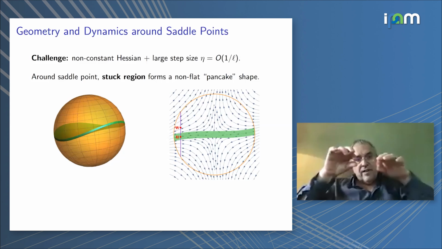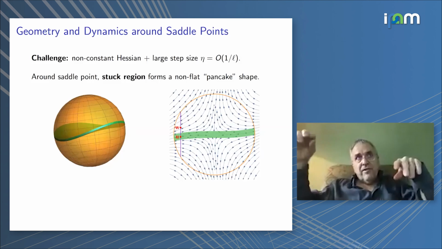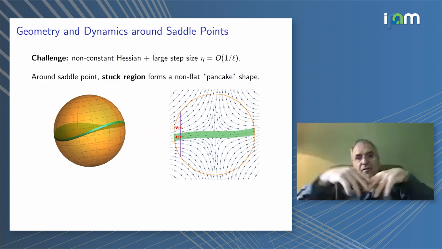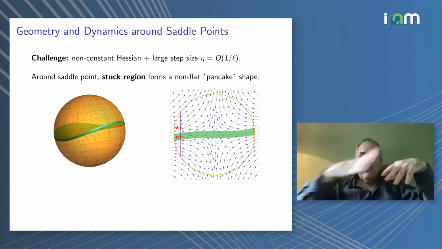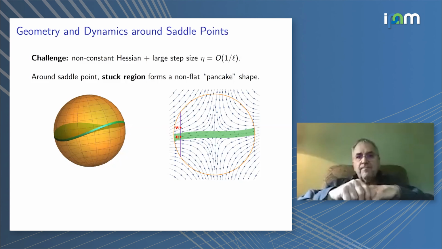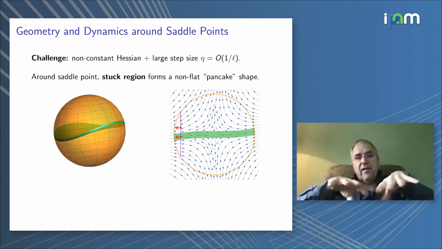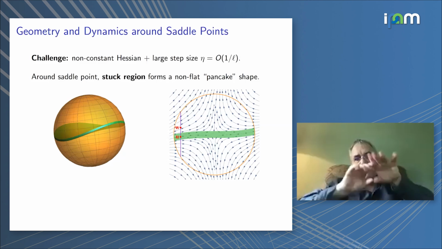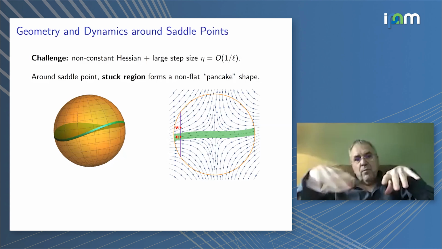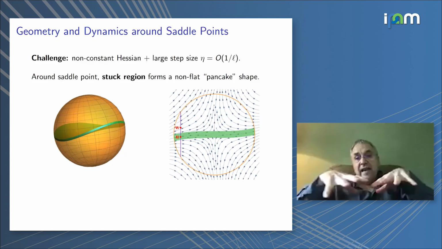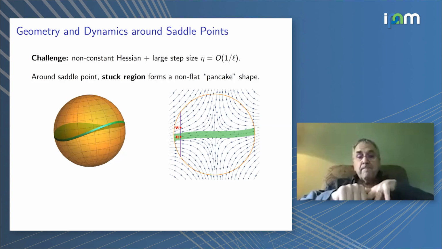So if you start in that green region, you mostly flow towards the saddle point, perhaps for a very long time in high dimensions, and eventually you're kicked out by the negative eigenvalue. Now that region is not a slab; it's a kind of curvilinear pancake shape because the Hessian is varying smoothly in this region.